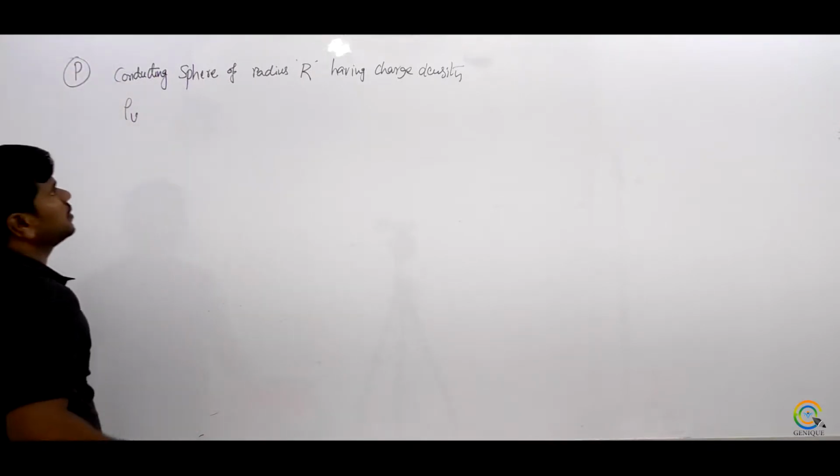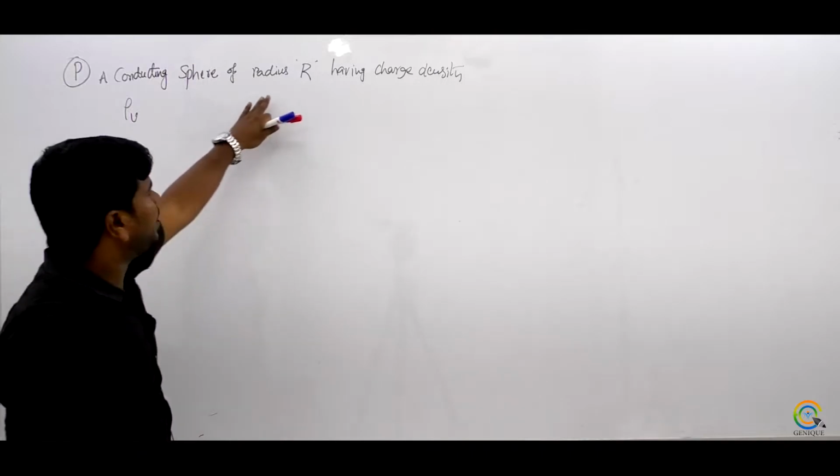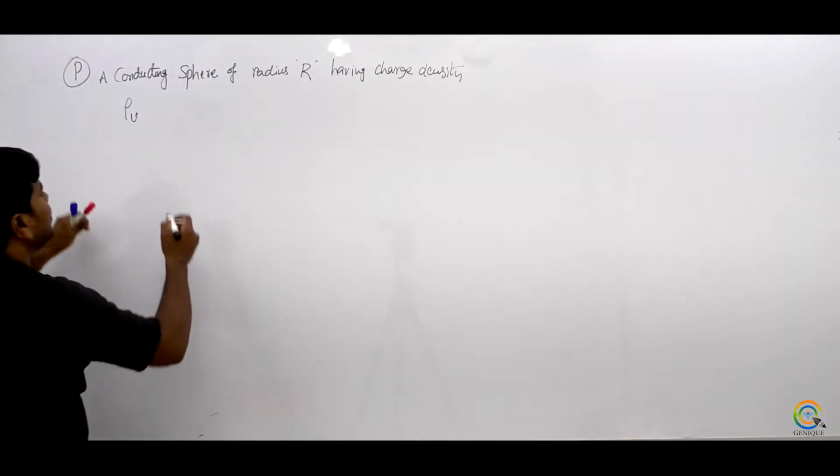Write this one as a conducting sphere of radius r having a charge density rho v.